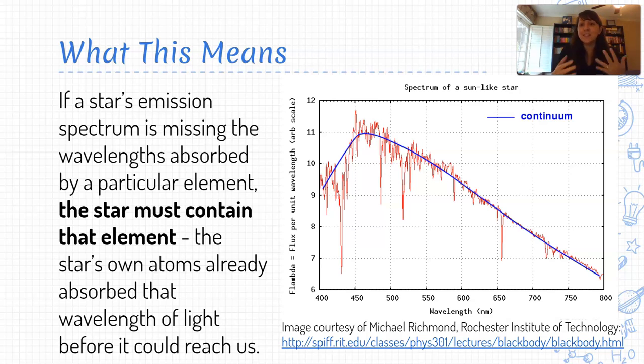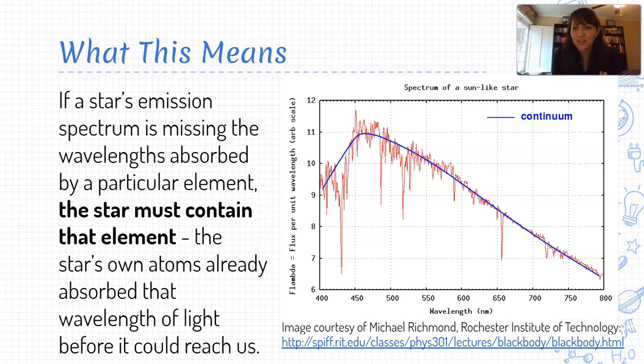Okay, so this is how we're able to figure out what is in stars, by looking at which wavelengths are missing and what elements might have been responsible for stealing those wavelengths before we were able to see them here on Earth.